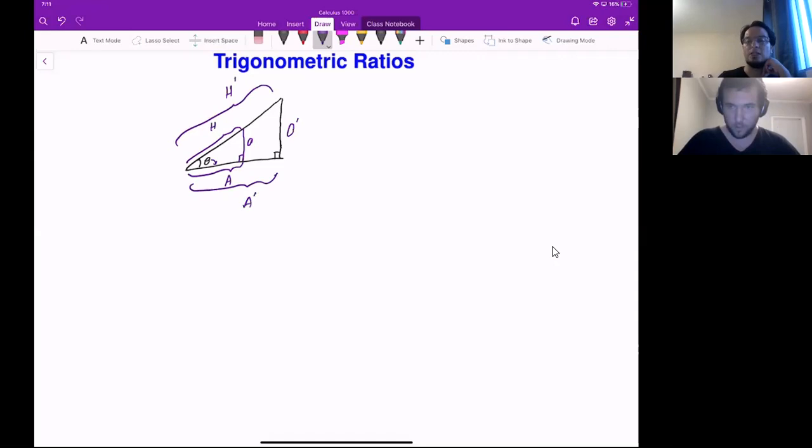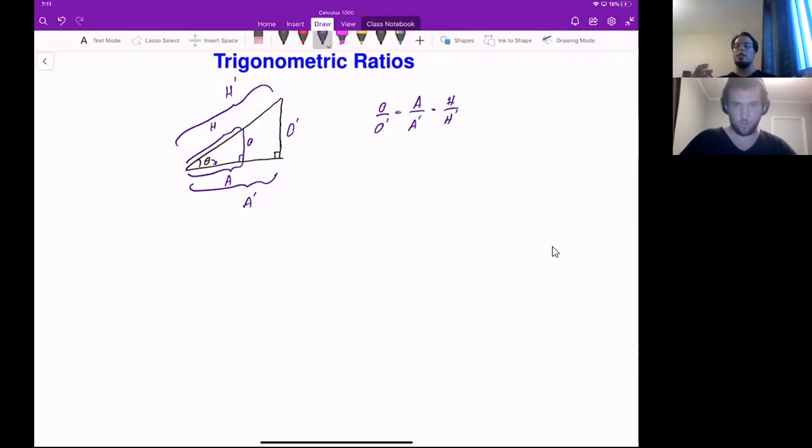What that classical result says, which is very interesting, is that the ratio of the corresponding sides, so for example, O over A prime, or A over A prime, or H over H prime, these are the same thing.